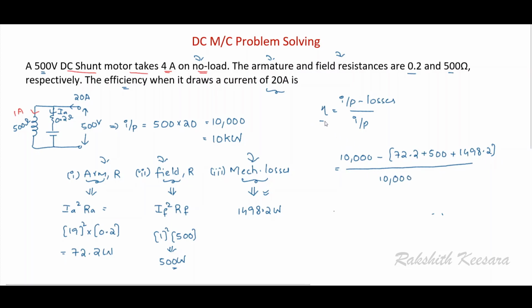And since it is efficiency, we should multiply by 100 for percentage efficiency, and the answer is 79.29%, right? So the only difficulty in this question is calculating the mechanical losses, and you can overcome that by taking the no load conditions. So this is the approach.